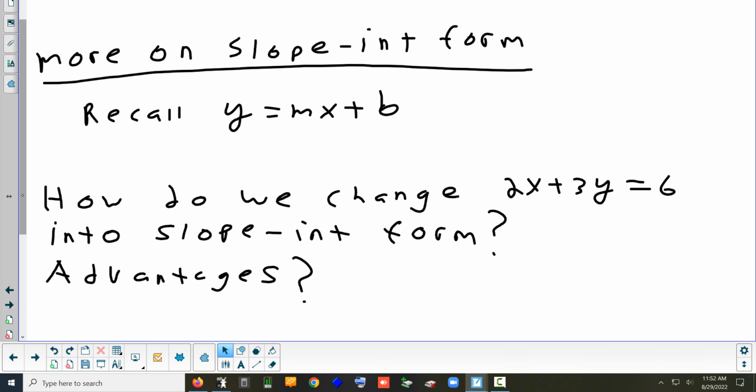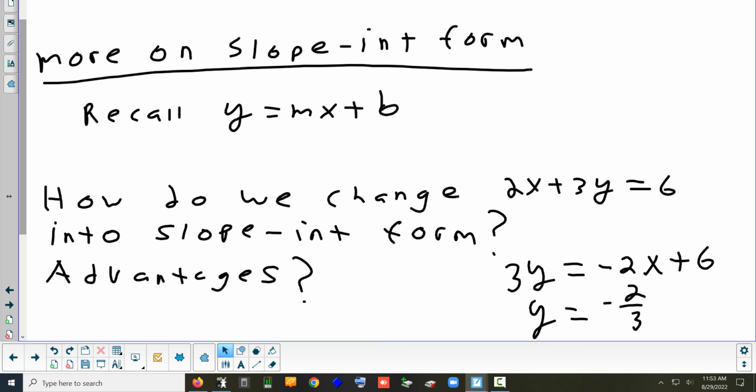Now, sometimes you don't have equations in y equals mx plus b. Sometimes you have to rearrange them to get them there. With a problem like this, you should feel comfortable rewriting it so y is by itself. What's the advantage of rewriting something with y by itself?